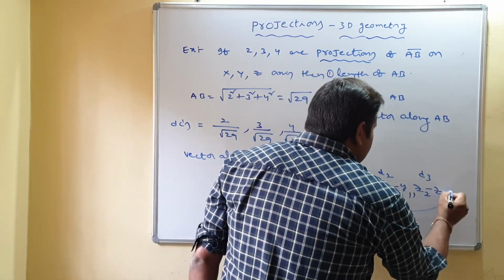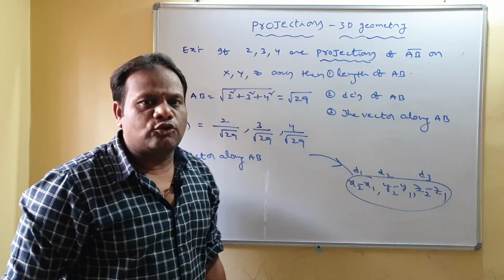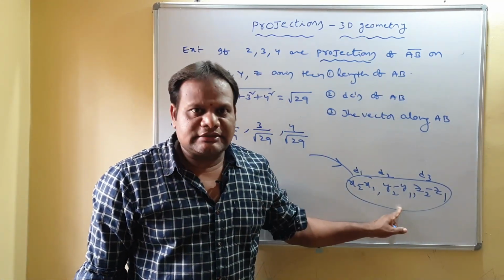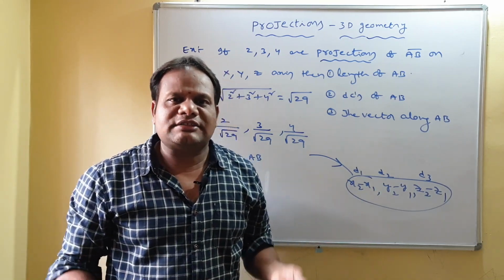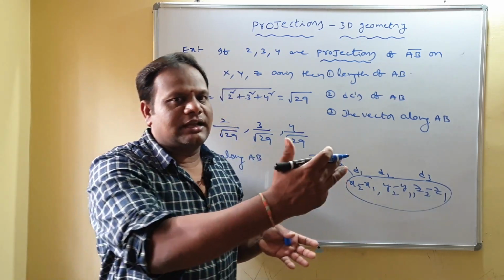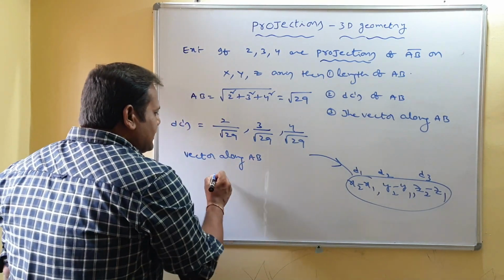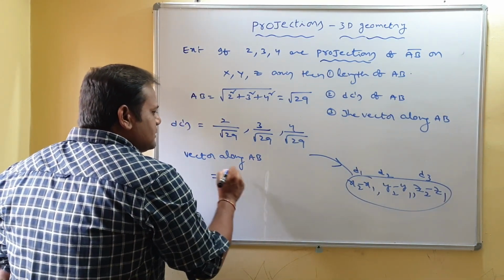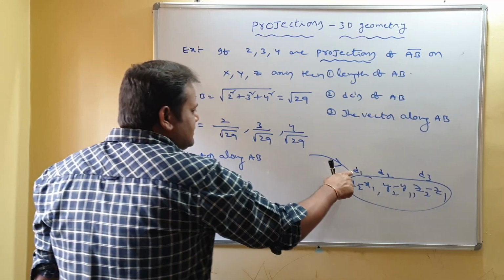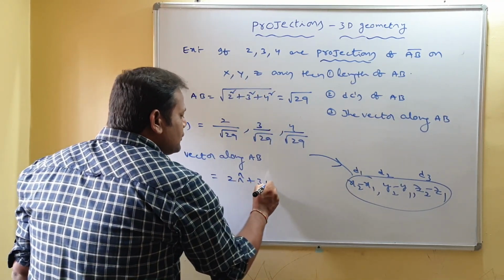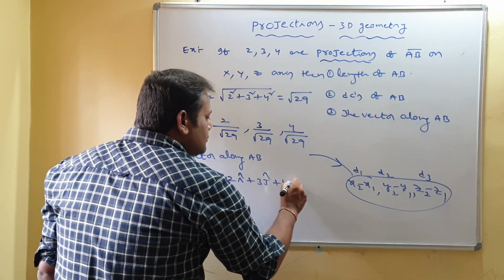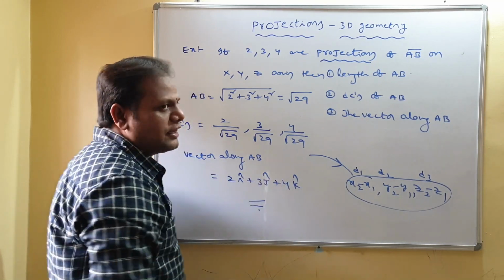Are they the DRs of line AB? Yes. So we know that DRs always represent a vector along the line. So here the vector along the line is x2 minus x1 into i cap, that is d1 into i cap, which is 2. So 2 i cap plus 3 j cap plus 4 k cap.